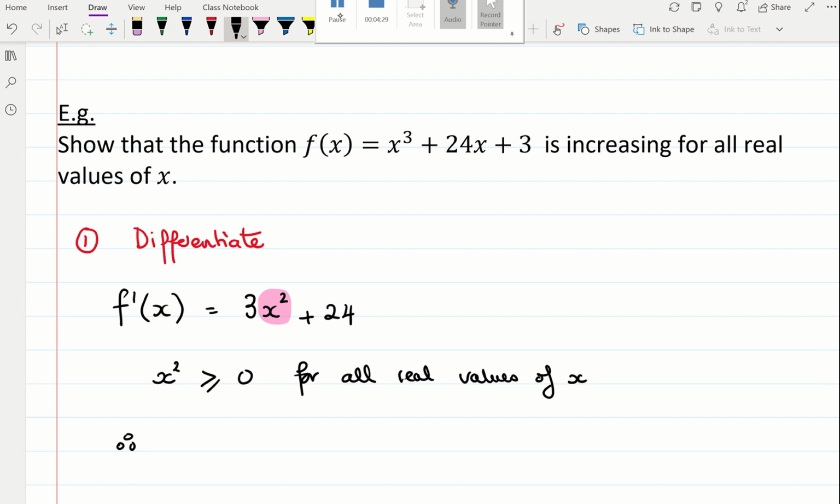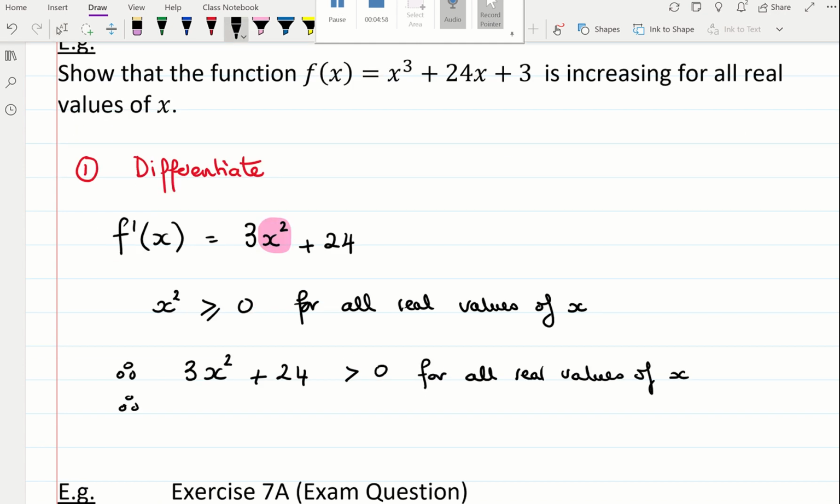Therefore, 3x squared multiplying by 3, a positive number, and then adding, this is an addition, 24, is also going to be bigger than or equal to 0. I would just put bigger than 0 for all real values of x.